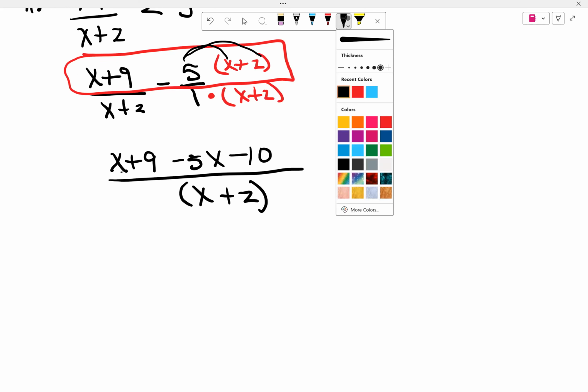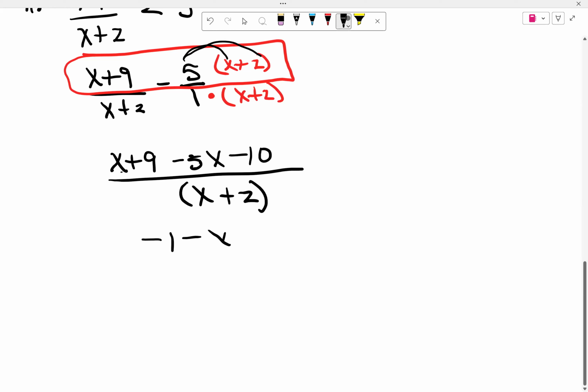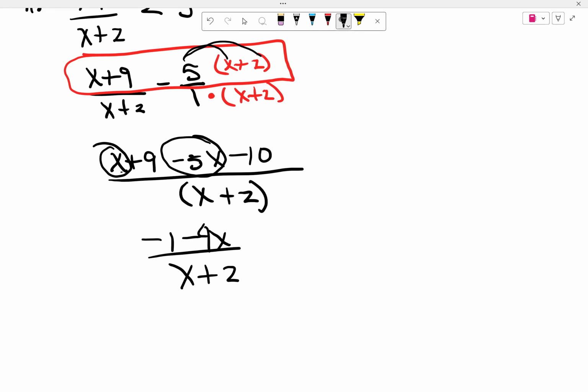So I get, I'm sorry, negative 4x. I'm having a moment. Negative 4x at the top. Negative 5x and x is negative 4x, and negative 1.